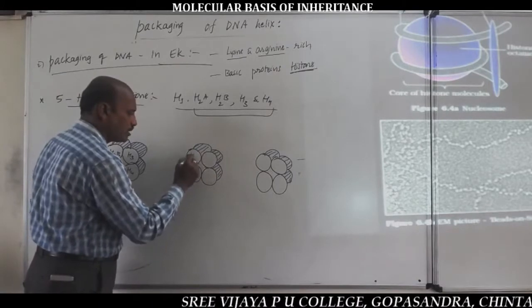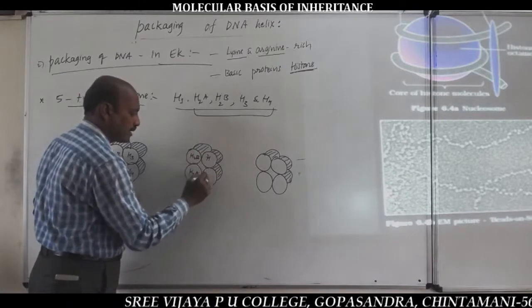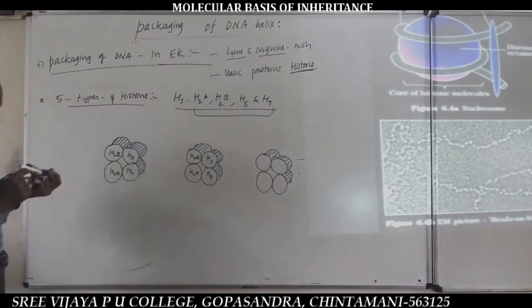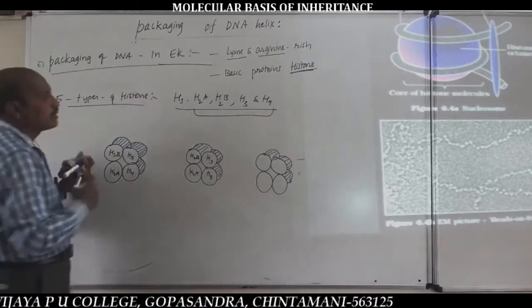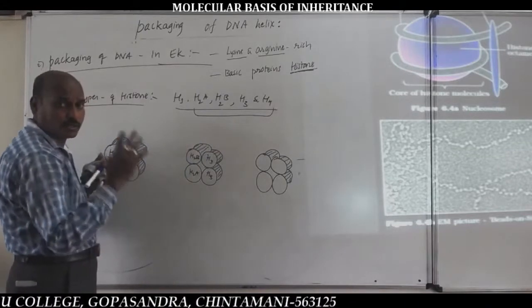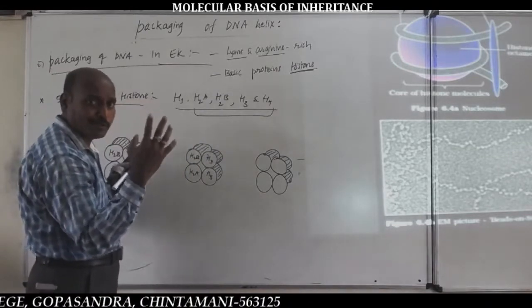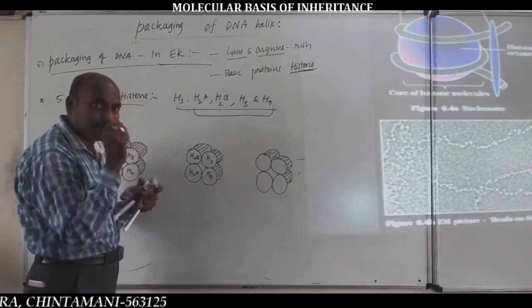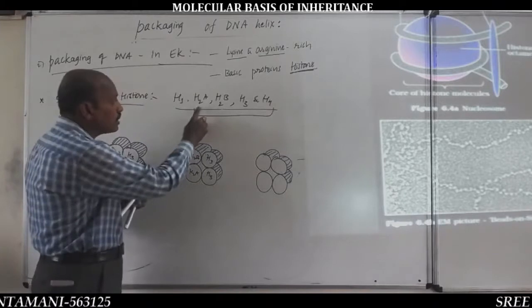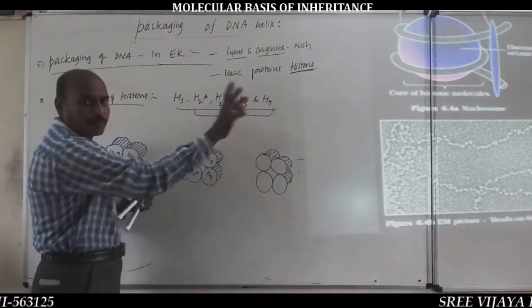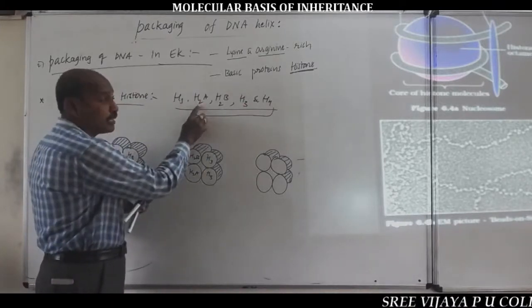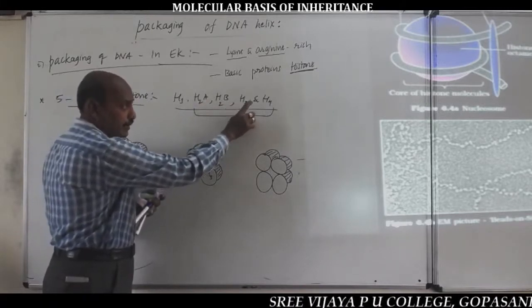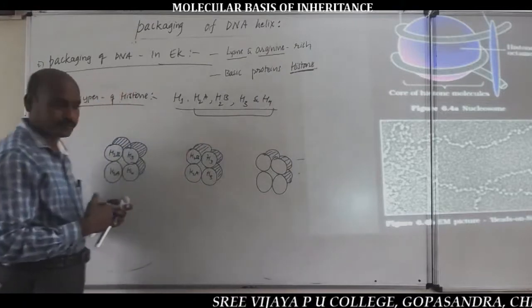So, out of 5 types of histone proteins, 4 histone proteins exist in pairs, meaning 2 copies of each histone protein. You should remember, a pair of H2A, a pair of H2B, a pair of H3 and a pair of H4.